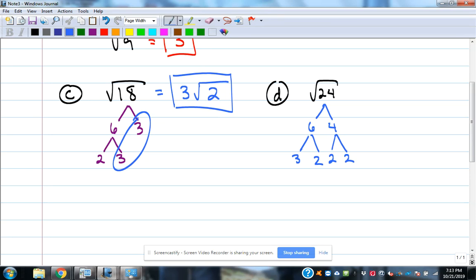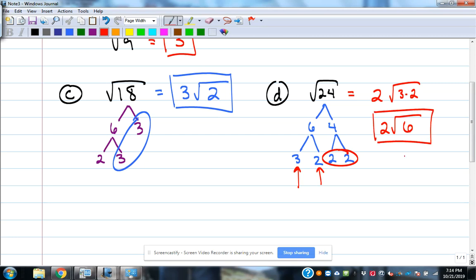We're looking for pairs. So a pair of 2s right there. So that means a 2 is going to come to the outside. This guy and this guy don't have a buddy. They got to go back inside of the radical. And they're going to multiply back together to get 6.